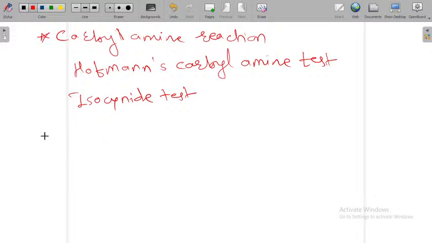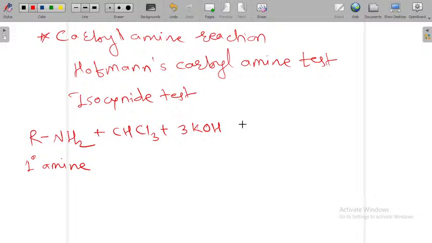The general reaction is an amine, which may be aliphatic or aromatic, particularly a primary amine, on reaction with chloroform, CHCl3, and KOH. Three molecules of KOH we are using for the stabilization of reaction products.